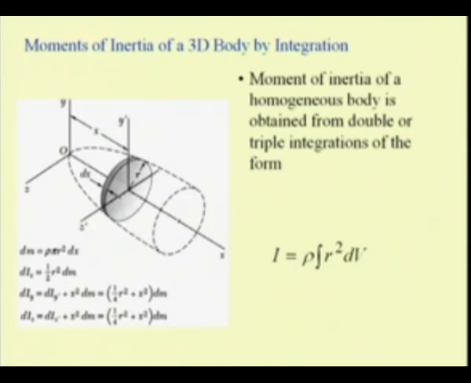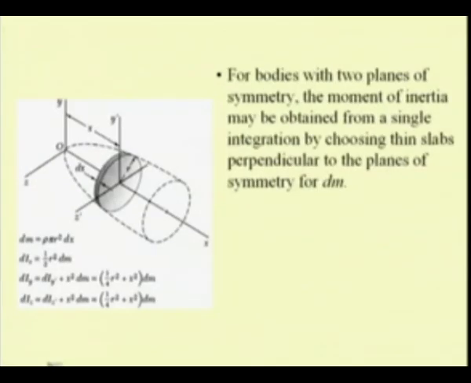You can see for this thin element, dm, or the mass of this element, is nothing but density times pi r square, the area of this element, times the thickness of this element, that is dx, or the small distance that we are traversing along the x. So, if we integrate this value, we can find the results. So, we have these quantities dIx, which are nothing but the second moment of this mass with respect to the axis x, and the other two axes, that is y and z, are also defined in this way. Now, we can integrate these quantities to find the values.